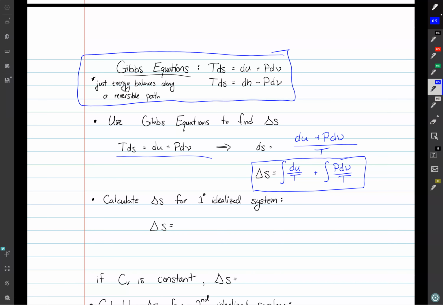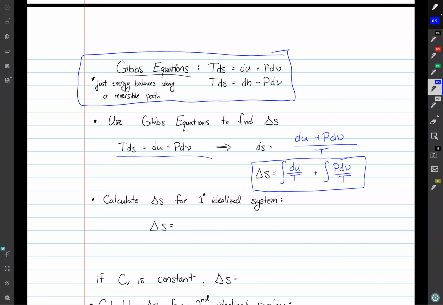One interesting thing to note is we can't actually calculate entropy exactly, like a value of entropy. We can only calculate changes in entropy. We can only calculate delta S. We can't directly calculate S, but we can calculate the delta. This is the equation that we use to do that. We're going to explore two idealized systems that we'll use in this class.